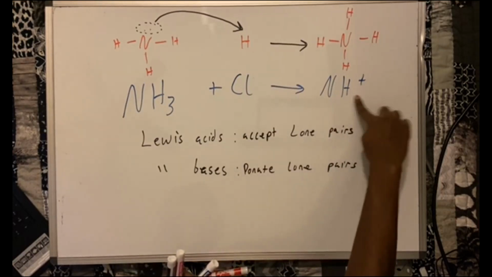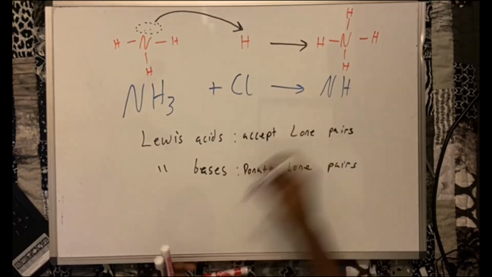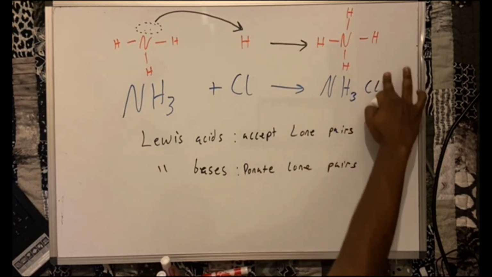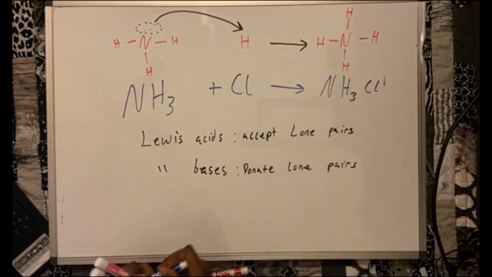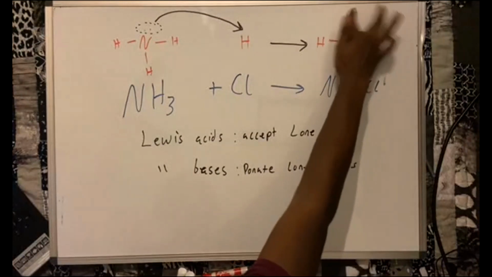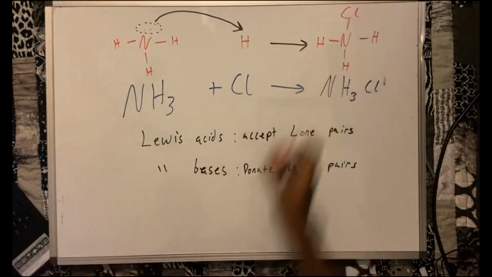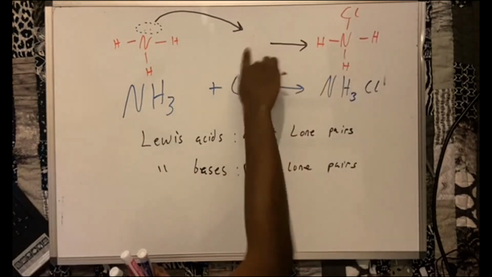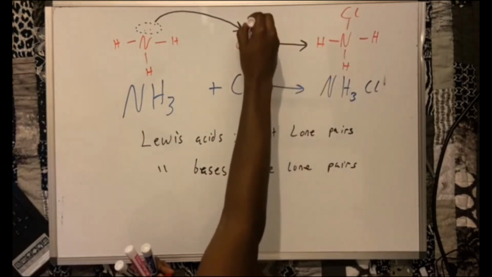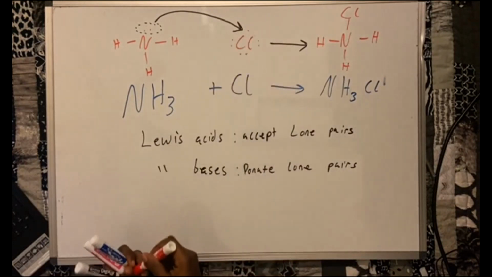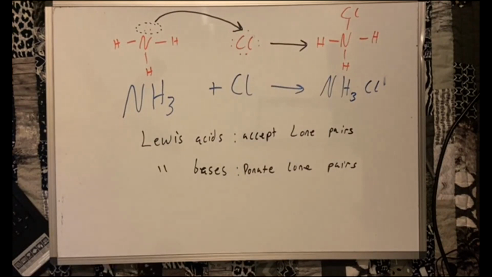And then this becomes Cl3 plus whatever. I don't care about the charge on this one. And then this becomes Cl, and this is just Cl with 6 dots. Okay.